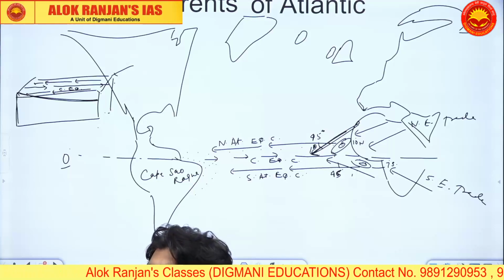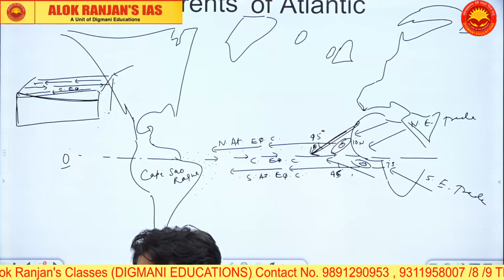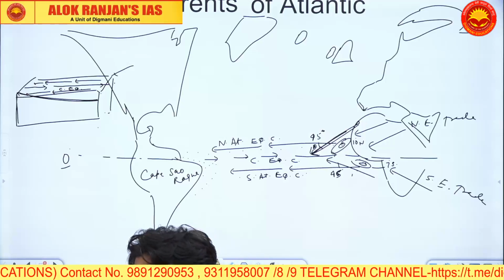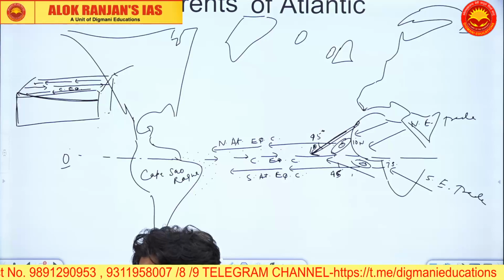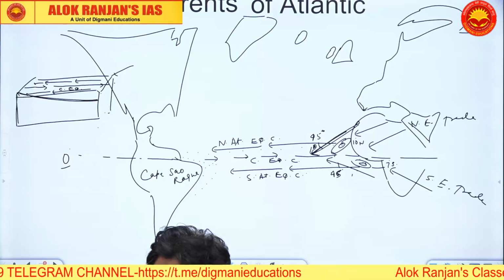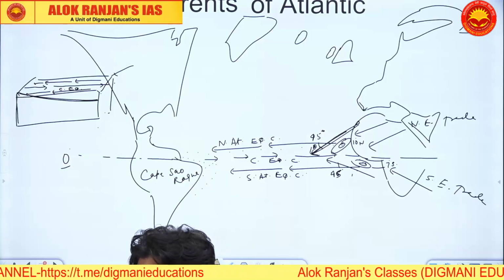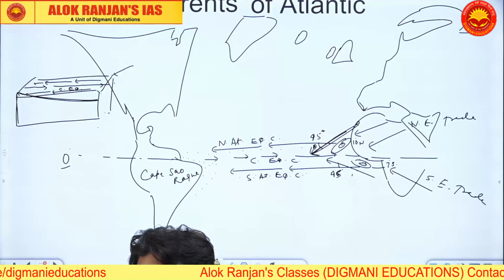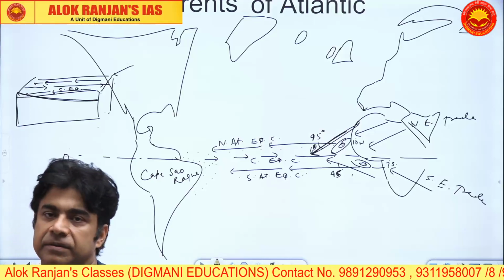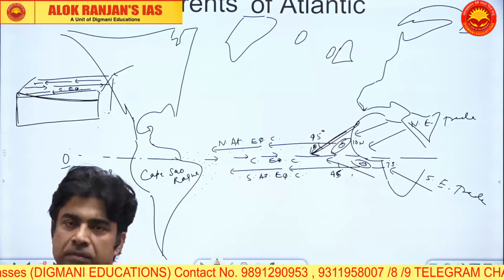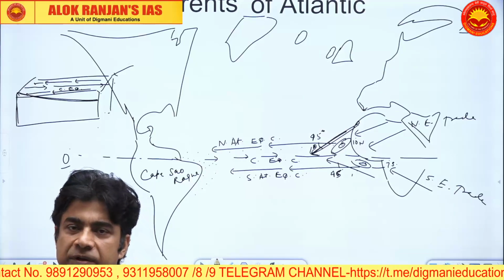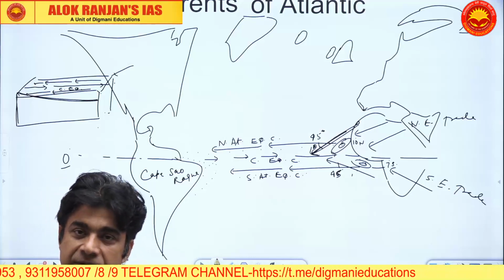According to Ekman pumping and Ekman's spiral law, the cold upwelling zones are produced towards left of the wind direction in northern hemisphere, and towards right in the southern hemisphere.